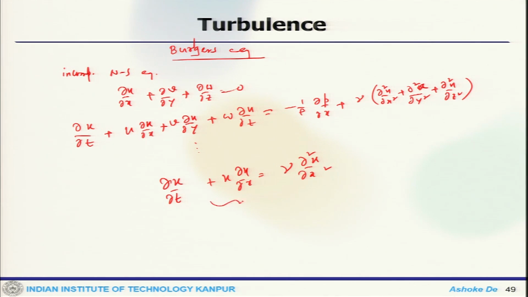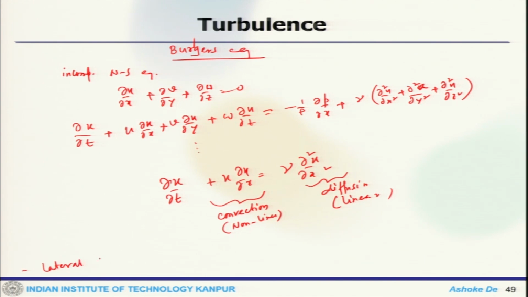So, this term is nothing but my convection or advection term, which is non-linear, and this is the diffusion term, which is linear in nature. So, the lateral momentum transport and diffusion both are neglected.